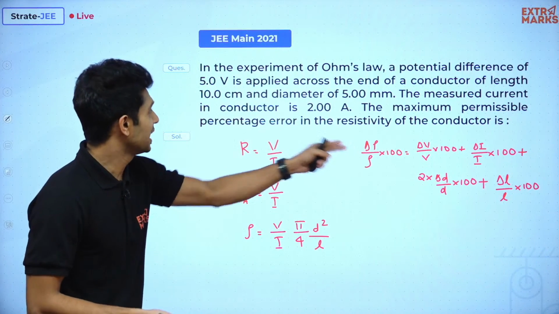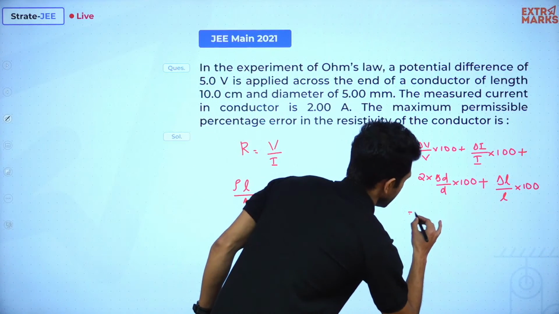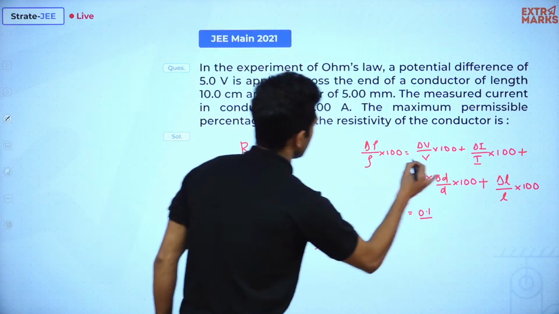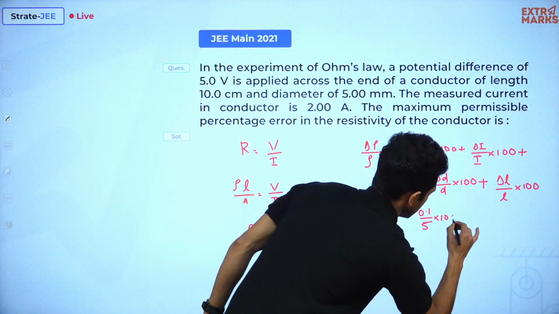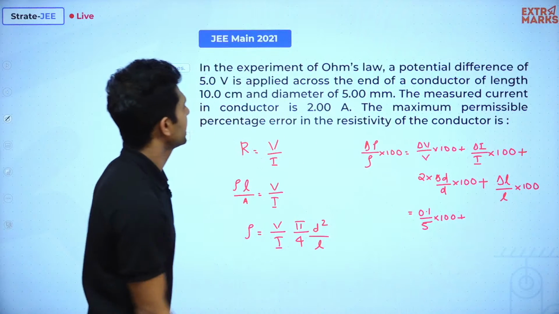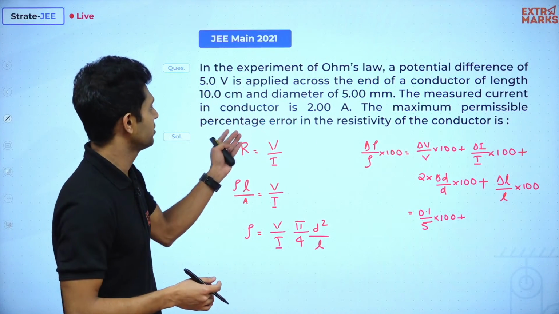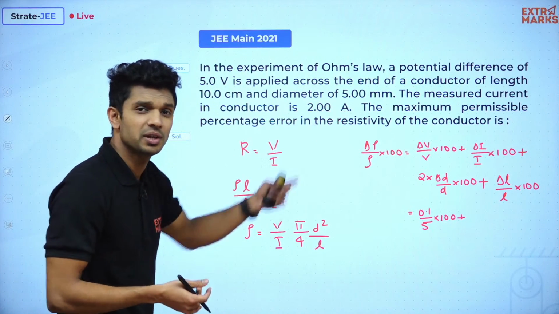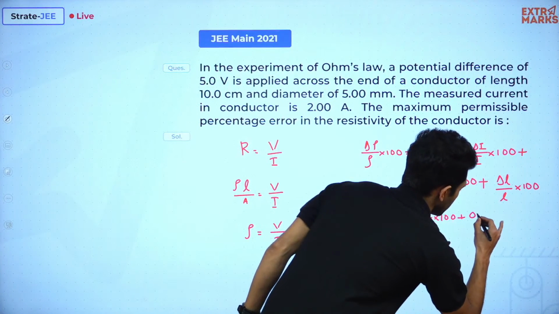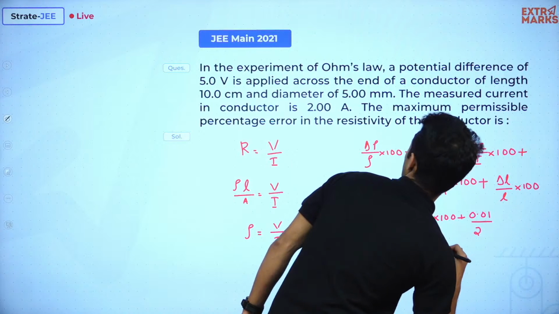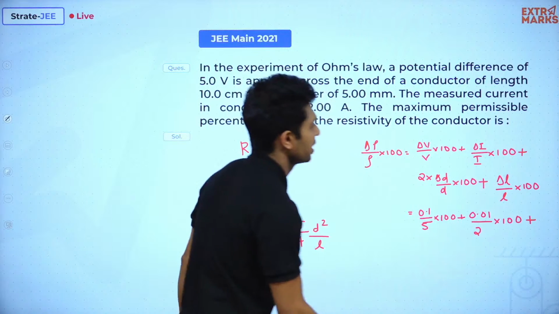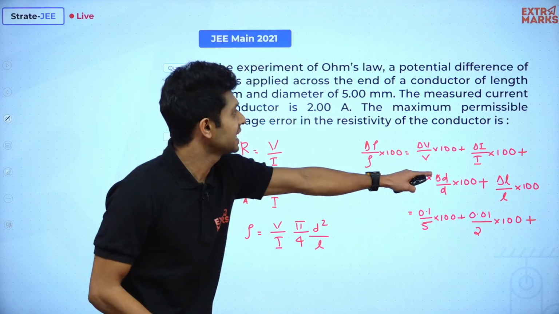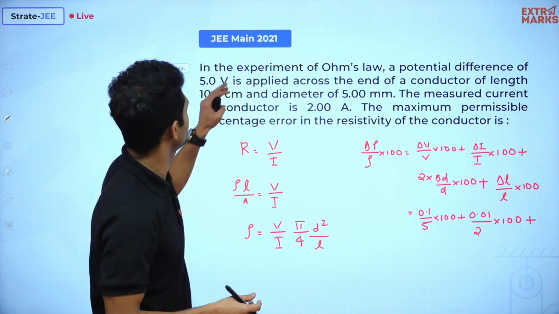So delta V will be 0.1 divided by V, the actual value, that's 5, into 100 plus delta I, error in the calculation of current, where do we have 2.00, minimum value 0.01, 0.01 divided by 2, isn't it? Yes, into 100 plus, what else is left, 2 times delta D, error in diameter.